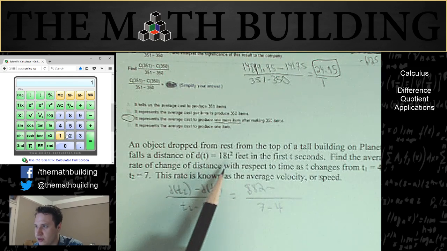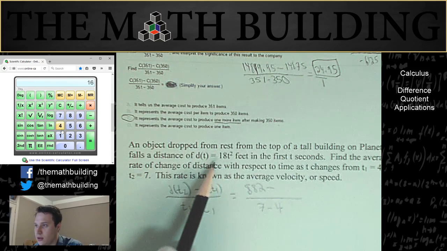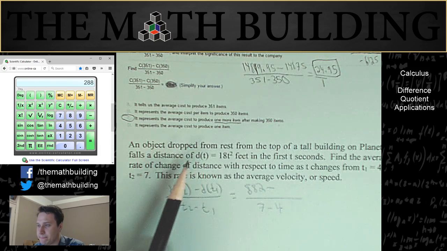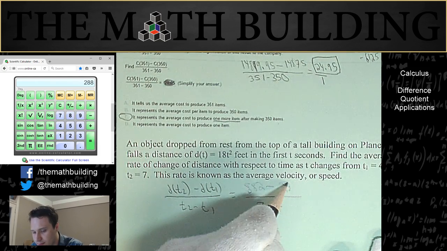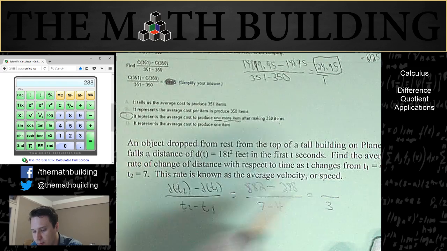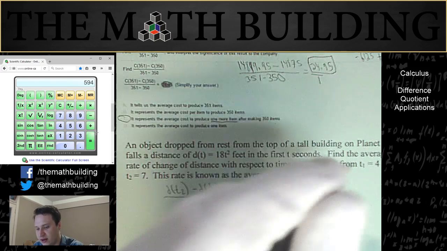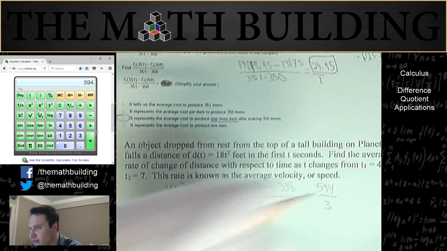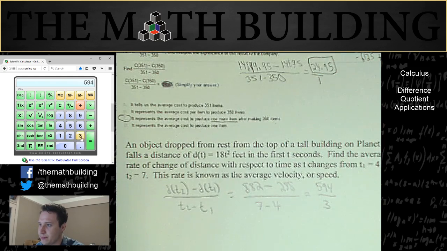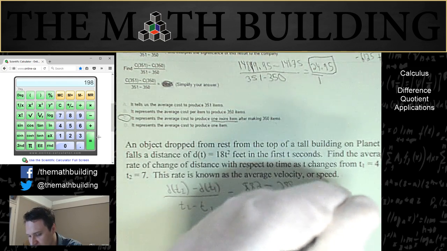We'll plug in 4. 4 times 4 is 16 times 18 is 288. So on the bottom we get 3, which is 7 minus 4. And on the top we have 882 minus 288, which equals 594. And then we'll do 594 divided by 3 to get a final answer, which is 198.